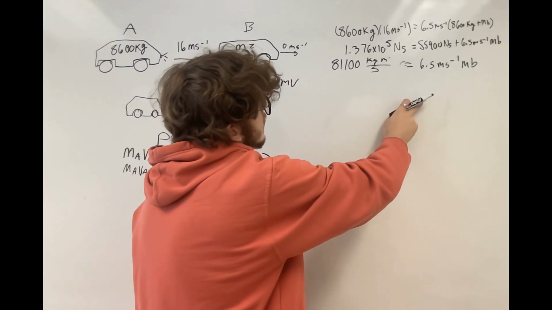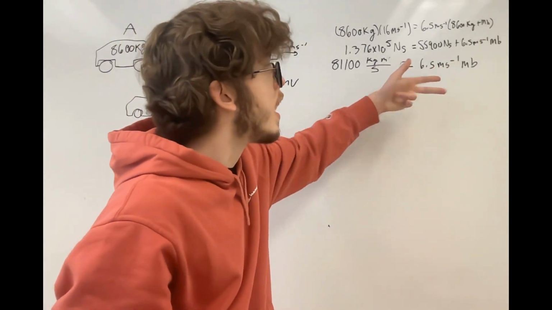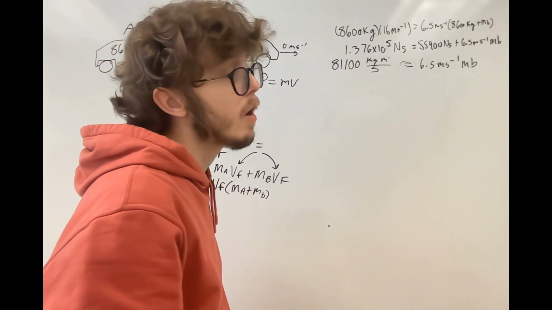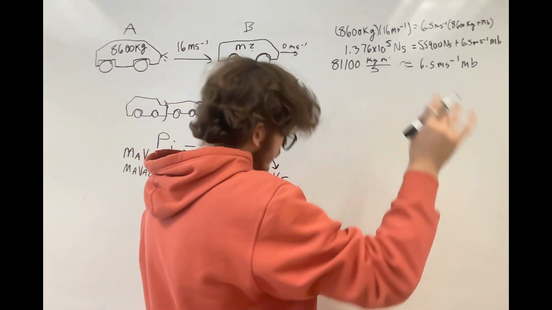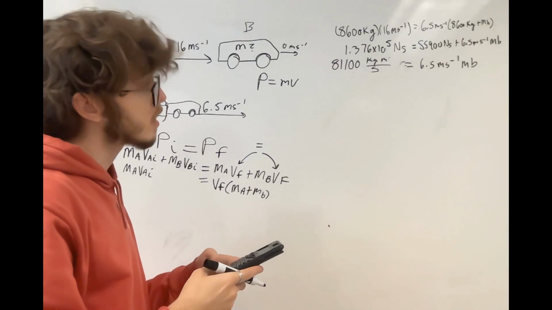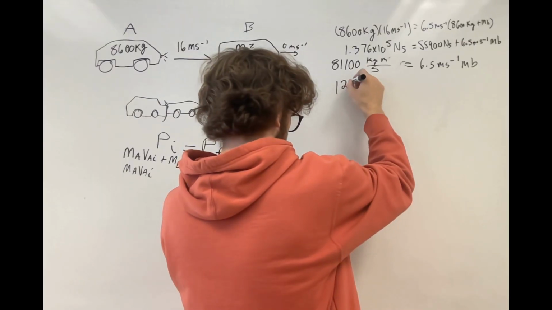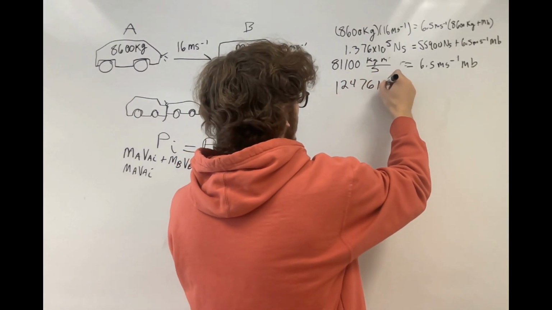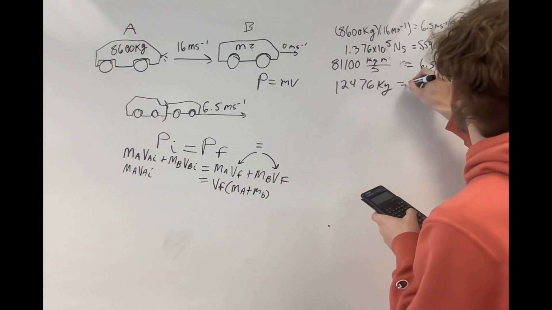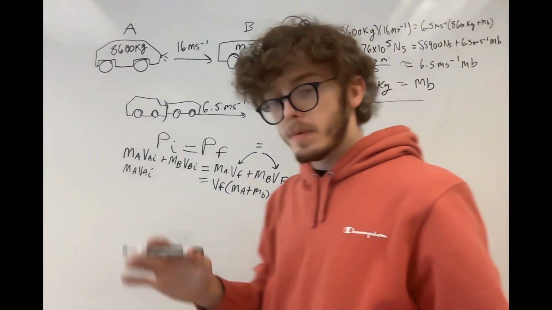And if we divide by a reciprocal second, remember, if we divide by something, that exponent swaps and it becomes a second on the top of our fraction, and that's going to cancel out our seconds. So let's go ahead and do that, and it will just leave us with kilograms, and that will be the mass of our car. So we do the math, we get 12,476 kilograms is equal to the mass of B. That's our solution. That's the mass of the car. Hope you guys enjoyed.